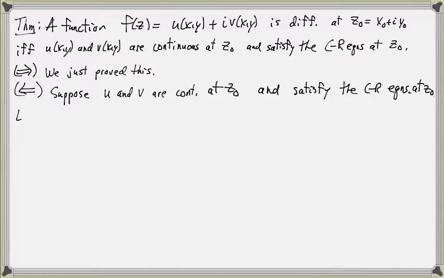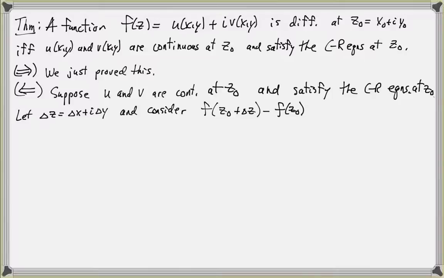Now let delta z be equal to delta x plus I delta y, and consider the difference f of z0 plus delta z minus f of z0. So we're going to take this expression and we're going to eventually divide this by delta z and take the limit as delta z goes to 0.